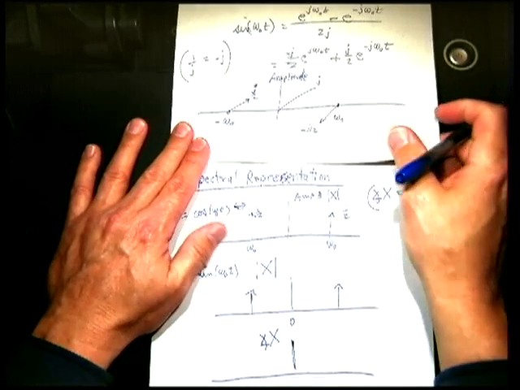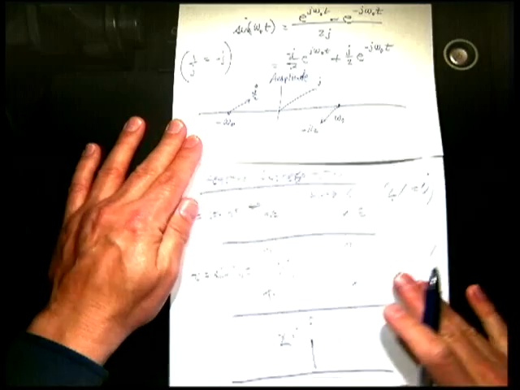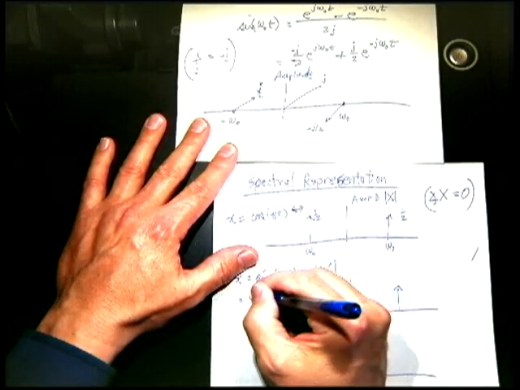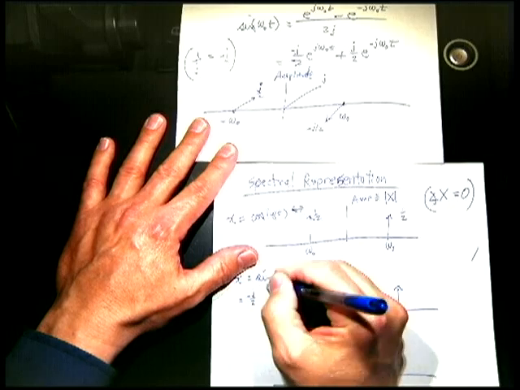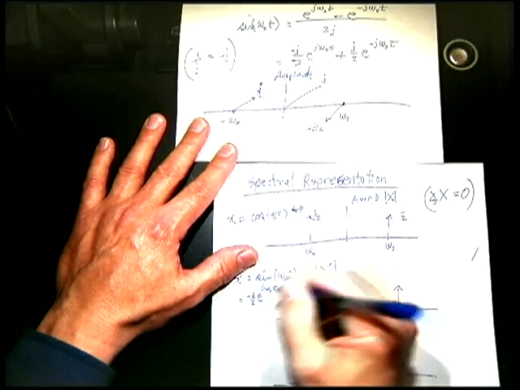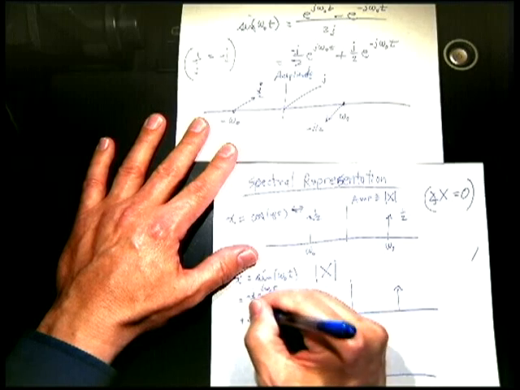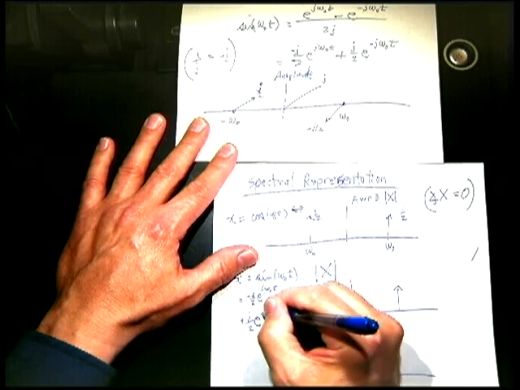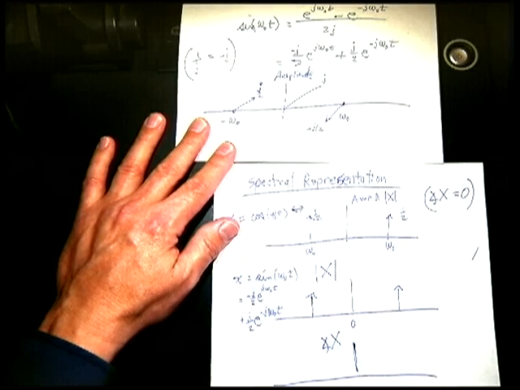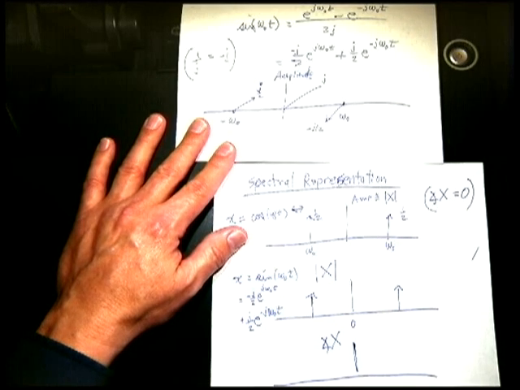And so what is the angle? Let's refresh our memory that we have minus j over 2 times e to the j omega 0 t plus j over 2 times e to the minus j omega 0 t. So what are the angles here? Well, at plus omega 0, we have a purely imaginary coefficient of minus j.